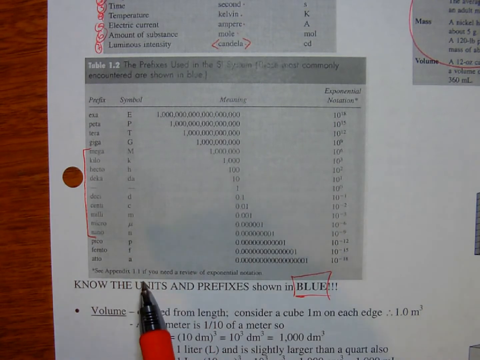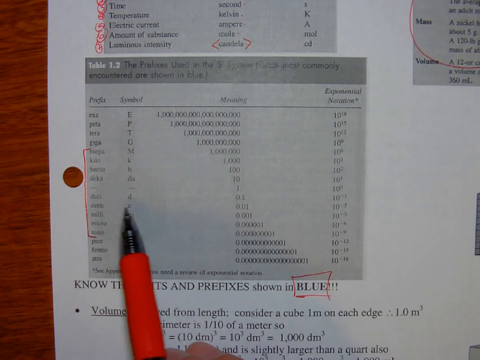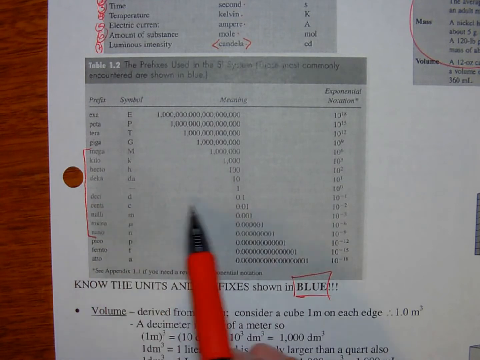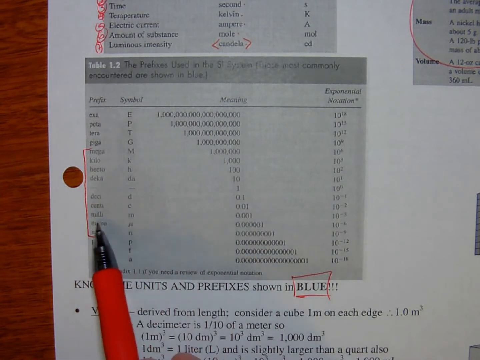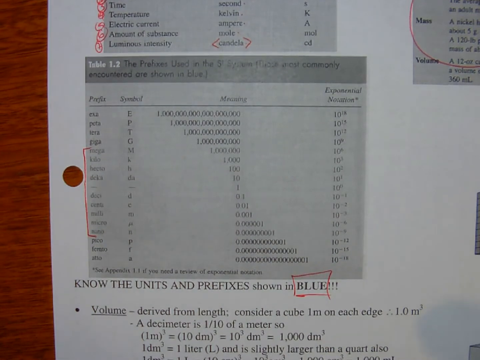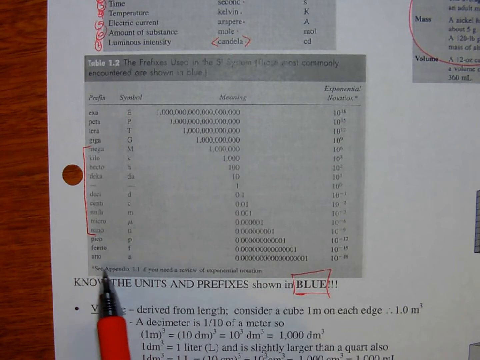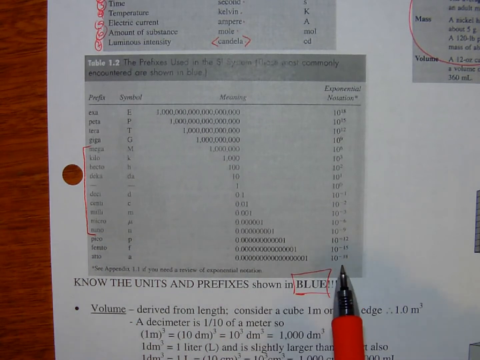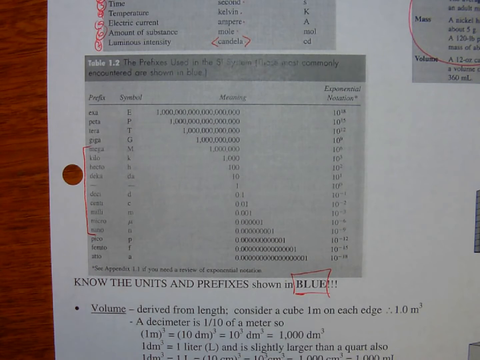Not so much anymore. But when you go to decimal, like deci for decimal, 0.1, centi, milli, micro, nano, typically that's about as far as you need to go. If there's any need to go any further, typically the AP exam will actually give you that information before you move forward. So if you can familiarize yourself with these things that I've indicated here, you'll be in good standing.